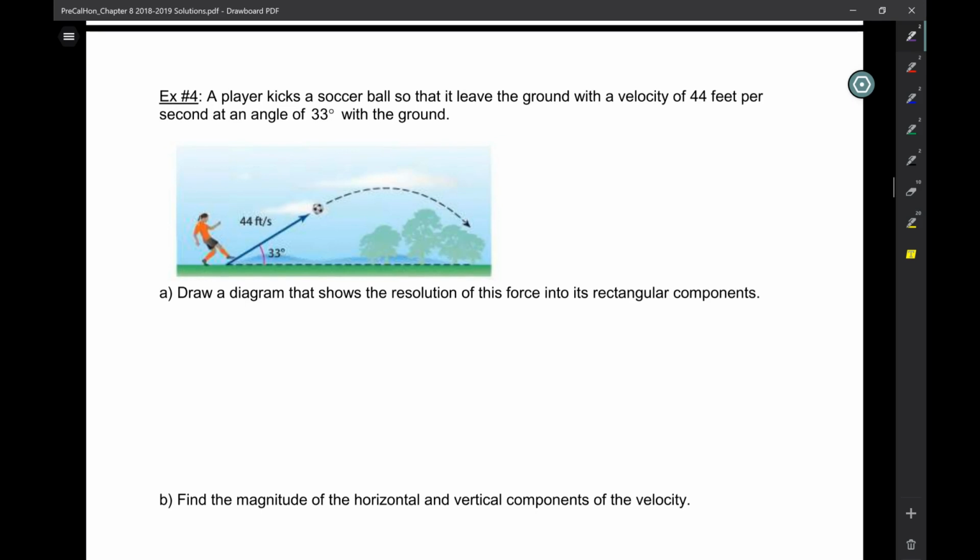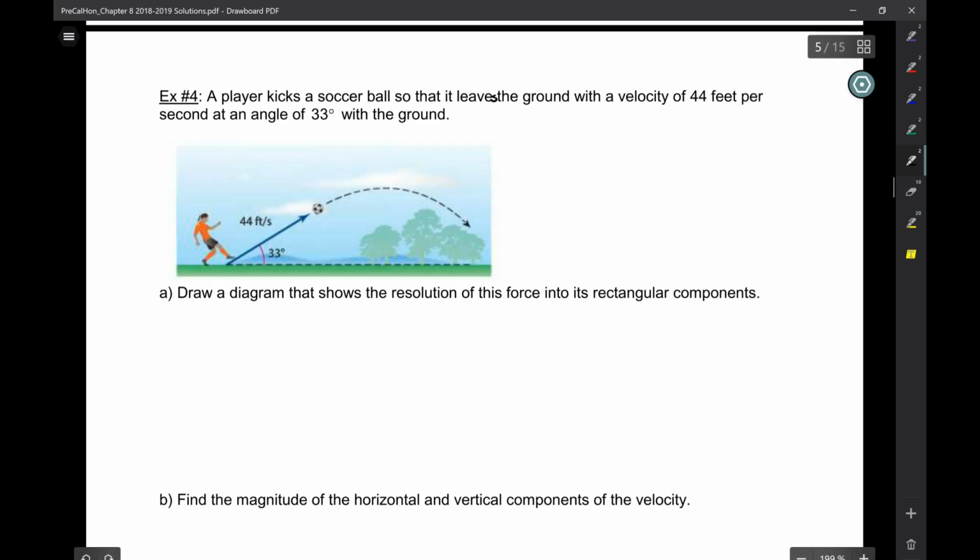Okay, this one. A player kicks a soccer ball so that it leaves the ground with a velocity of 44 feet per second at an angle of 33 degrees with the ground. Now, again, draw a diagram that shows the resolution of this force into its rectangular components. This is not a diagram, this is a picture.